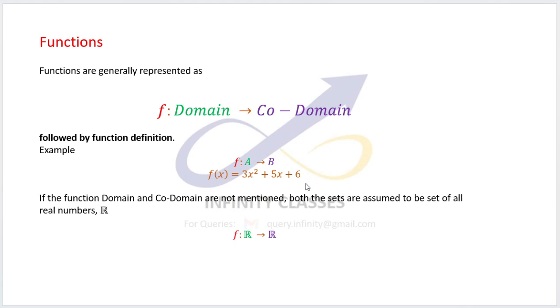If this is not mentioned for a particular function, we assume it to be from R to R. The sets domain and codomain are from R to R, basically all real numbers to all real numbers, if that is not mentioned. We'll try to figure out how to find the domain conditions also, but this is very clear.